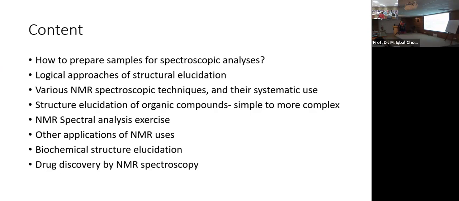NMR spectral analysis exercise is a part of structure elucidation. Other applications of NMR include biochemical structure elucidation, which is the toughest part, I think, and drug discovery using NMR spectroscopy. This is the content that we will be discussing, not all in today's class.